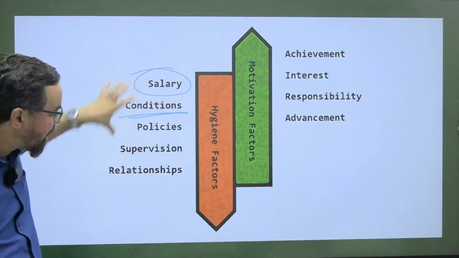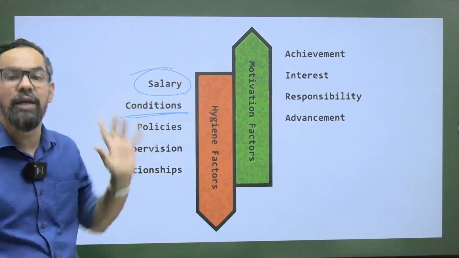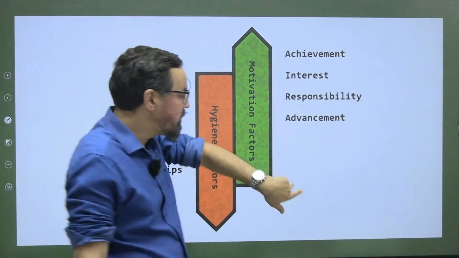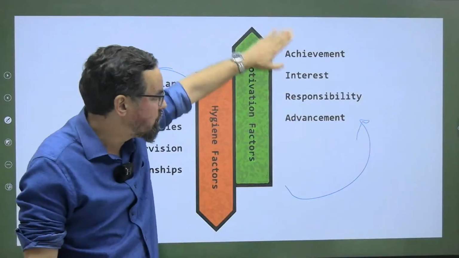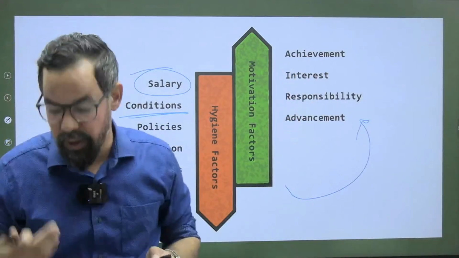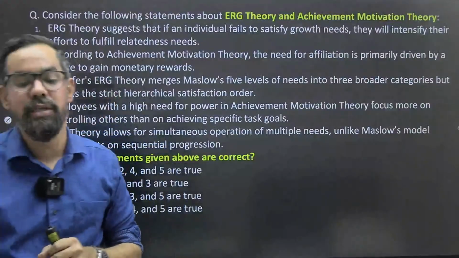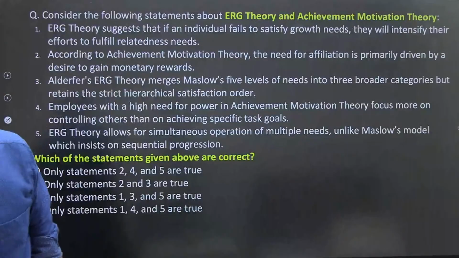If you do not maintain this particular policy, this level, that can be a reason for the dissatisfaction. But these are the ones which generally will directly impact employees' motivation level. If you provide achievement, interest, responsibility, advancement, they generally motivate people. That is the point which Heidelberg wants to communicate through this particular policy itself.